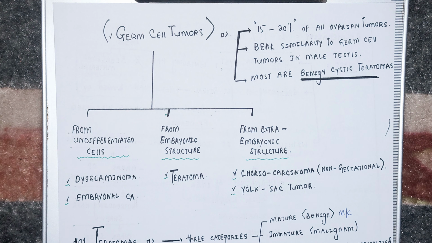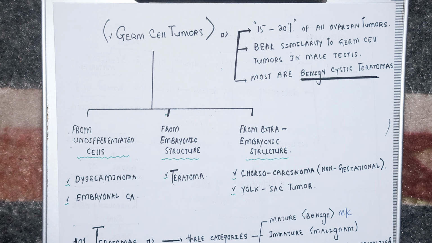That means 10 to 15% of cases of the benign teratoma appear bilaterally, that is in both the ovaries. If we look into this tumor grossly, you will see a unilocular cyst. As I mentioned earlier, it is a cystic tumor, and there is a unilocular cyst, just like this. There are no further divisions or loci inside.